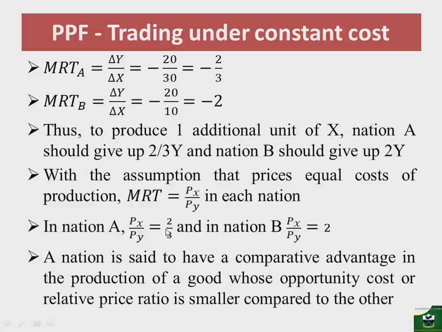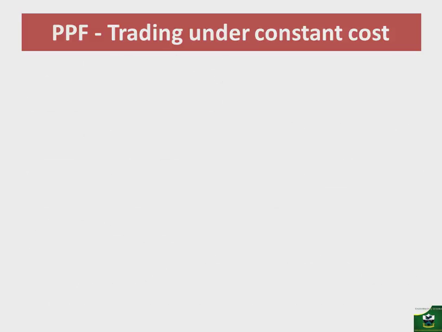In this case, we can see that for nation A to produce an additional unit of X, it has to give up 2/3 of Y, while for nation B, to produce one additional unit of X, it has to give up 2 units of Y, which means that nation A has a comparative advantage in the production of commodity X, because it's incurring a lower opportunity cost compared to nation B.